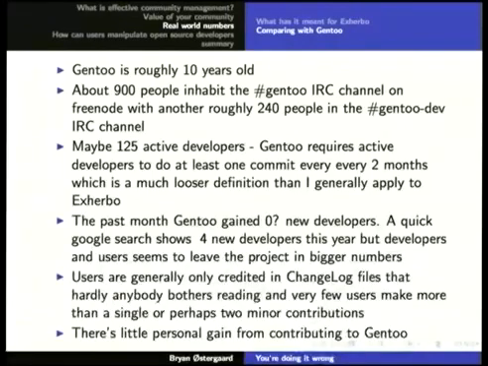And compared to Gentoo Linux, which is probably the project closest to Xturbo, I think we're doing quite well. Gentoo might have topped, but still, they do have a lot more people in their IRC channel. Those people don't really contribute anything to the project.